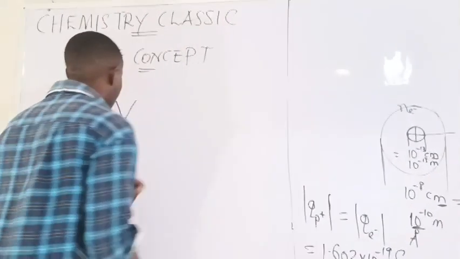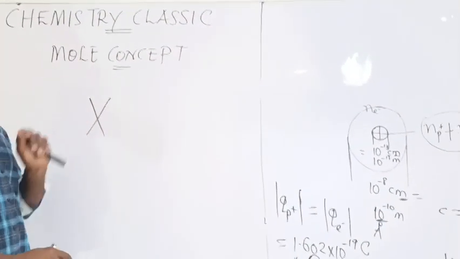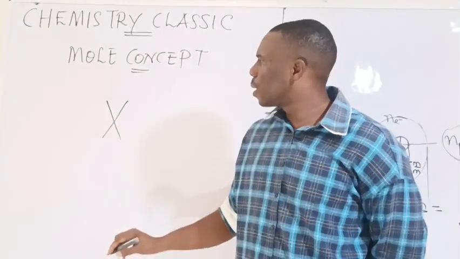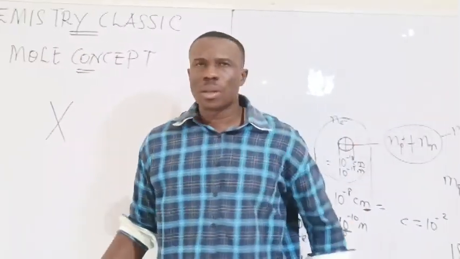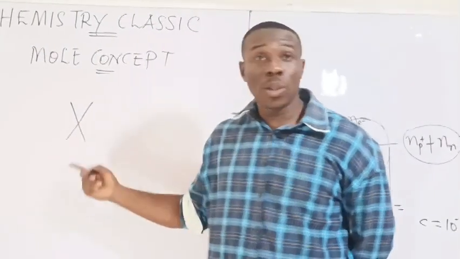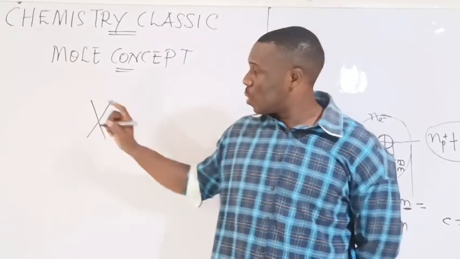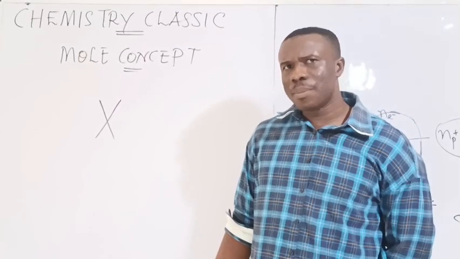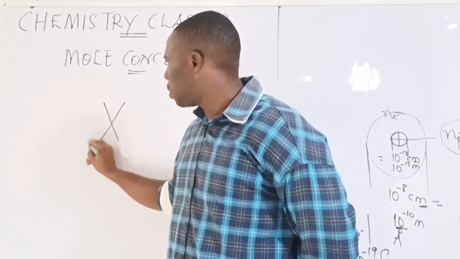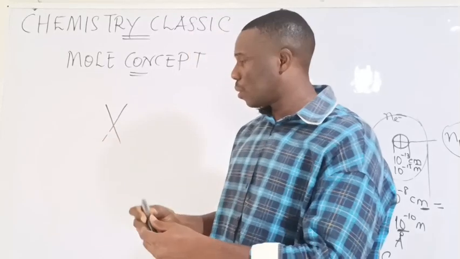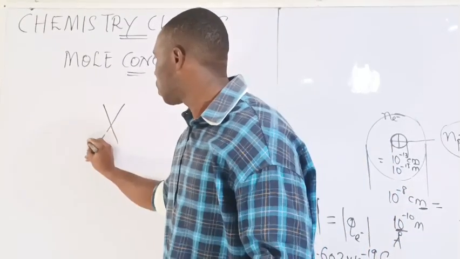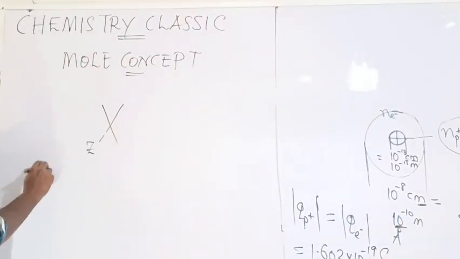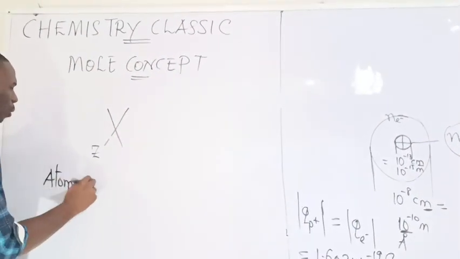So let's take this, representing an element now, and this is the atom of an element. All the atoms are exactly the same. Now, if I care to know the number of protons I have here, or the number of electrons I find in this atom, we give that a name, and of course it has a symbol Z. This symbol, Z, we call the atomic number.